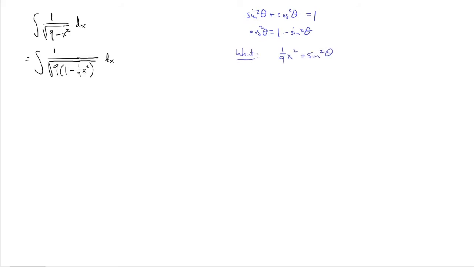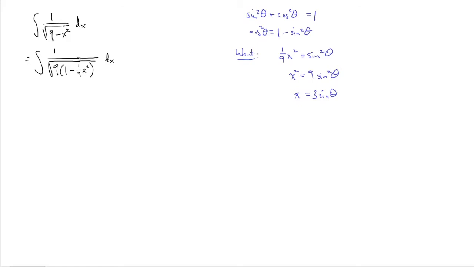And so what we really want is we want the 1/9 x squared to be equal to sine squared theta. Because if that were the case, we'd have 1 minus sine squared theta there instead of 1 minus 1/9 x squared. And 1 minus sine squared theta is the perfect square cosine squared theta. And it turns out that with just a little bit of algebra, it's not hard to find a way to make the 1/9 x squared equal to sine squared theta.